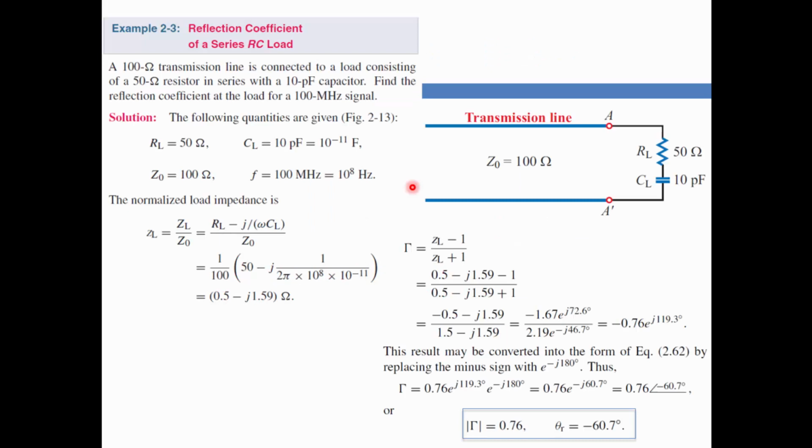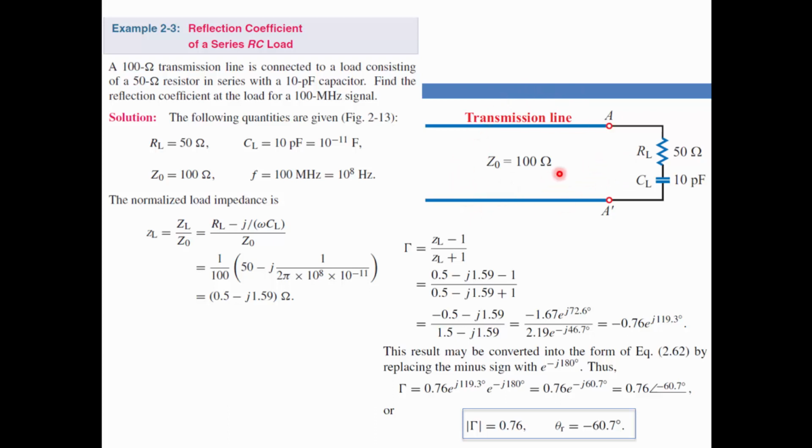In this example, we have a transmission line with a characteristic impedance equal to 100 ohm, terminated by a load, and this load consists of a resistance of 50 ohm in series with a capacitance of 10 picofarad. We need to find the reflection coefficient of this system.